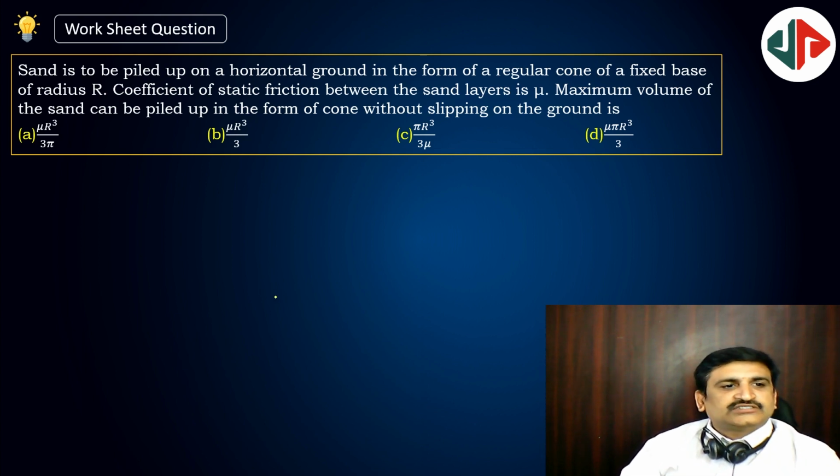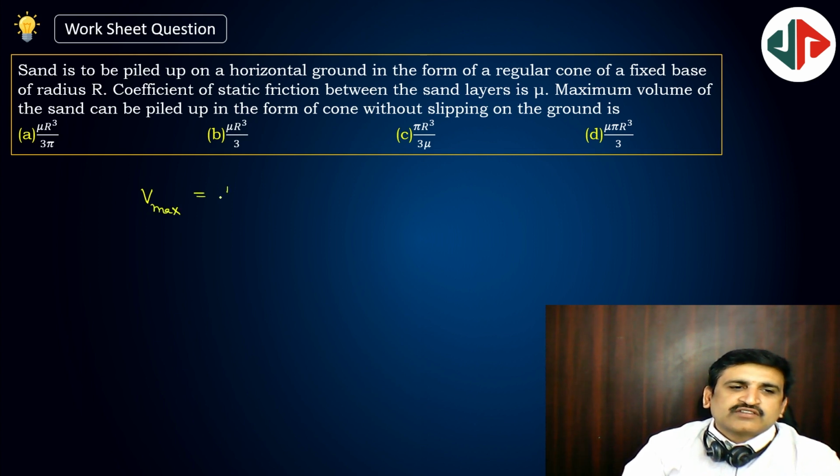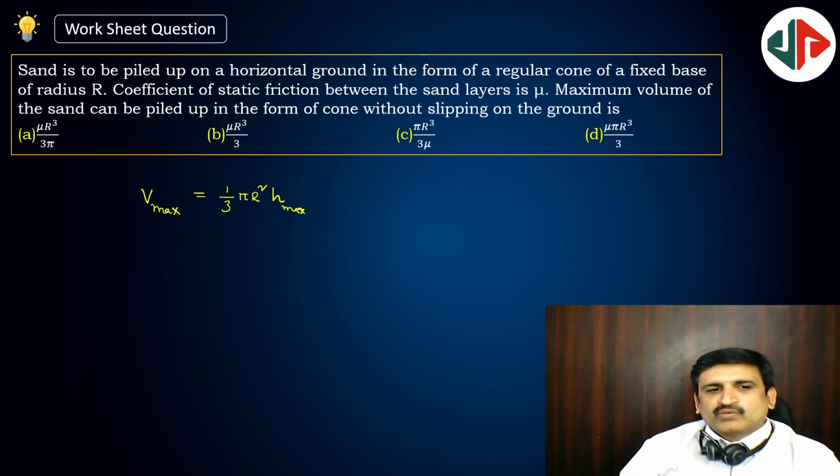So in this case, the maximum volume of sand that can be piled up, V max, is 1/3 pi r square h maximum. That we have to calculate.